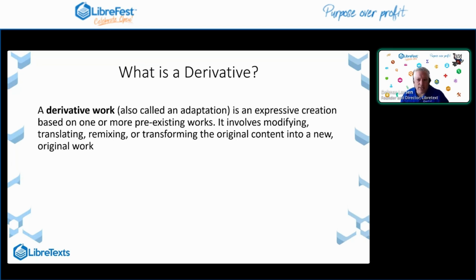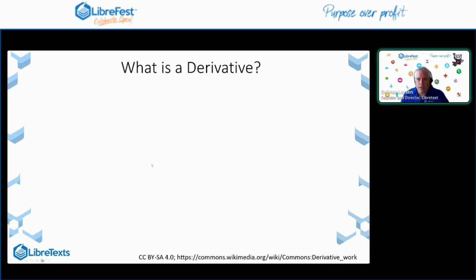It involves modifying, translating, remixing, or transforming the original content into a new original work. You notice that this is not using the term remixing. This is derivative. This is the formalism that's used in licensing. And this is the general definition associated with either derivative or adaptation. So you've got to take something and make it creative.